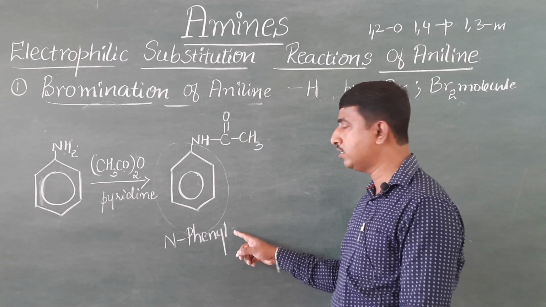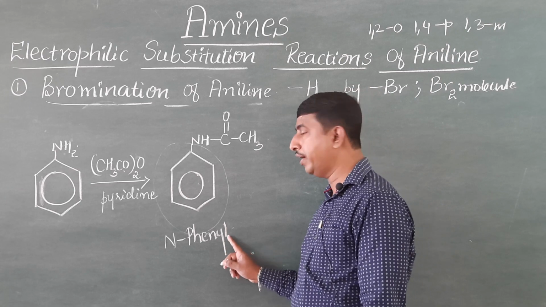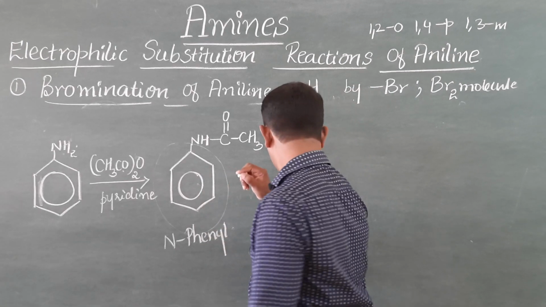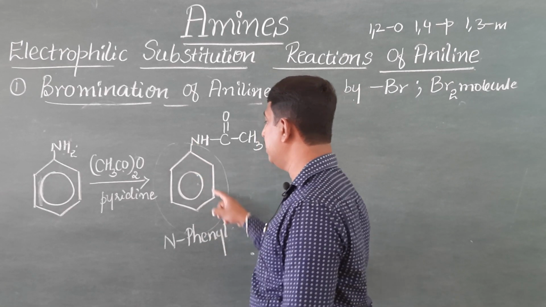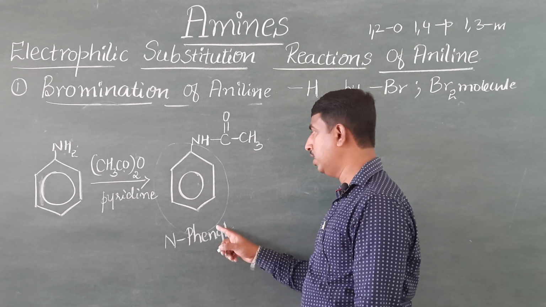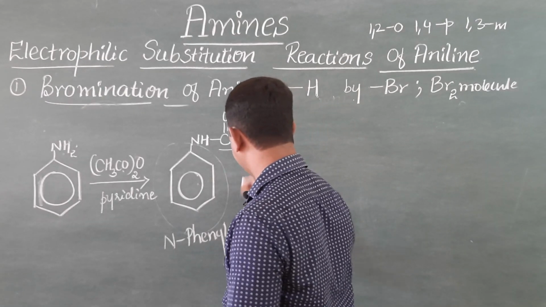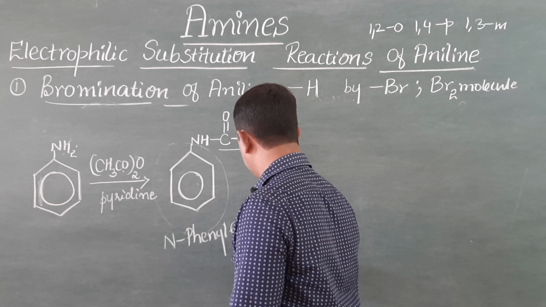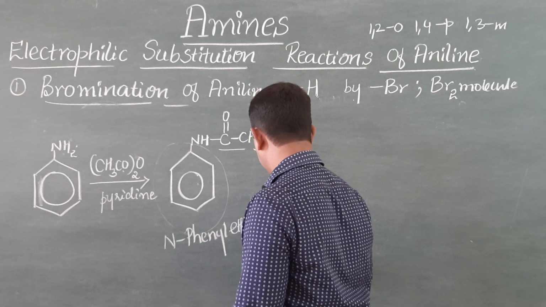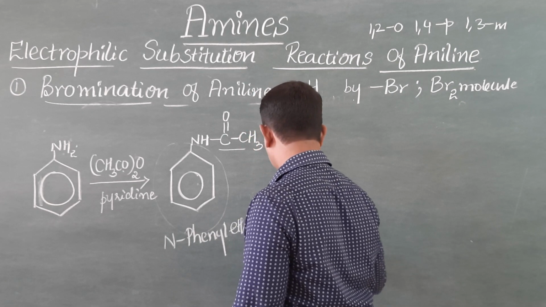When the ring is considered as a substituent group, we have to write phenyl. So, it is N-phenyl. Total number of carbon atoms here is 2. So, it is N-phenyl ethanamide.